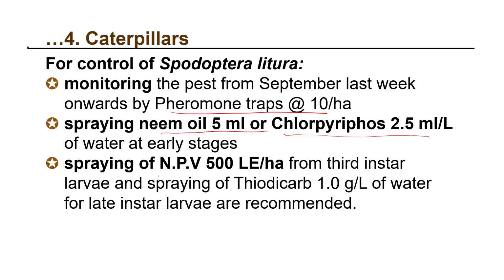Spray NPV, nuclear polyhedrosis virus, at 500 LE per hectare from the third instar larvae, and spray thiodicarb 1 gram per liter of water for late instar larvae. So, you have options of chemical control and an option of biological control in the form of NPV to control Spodoptera litura.